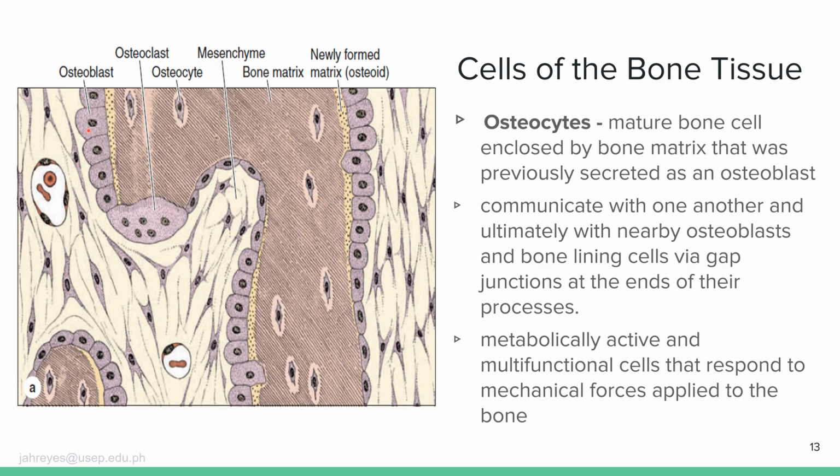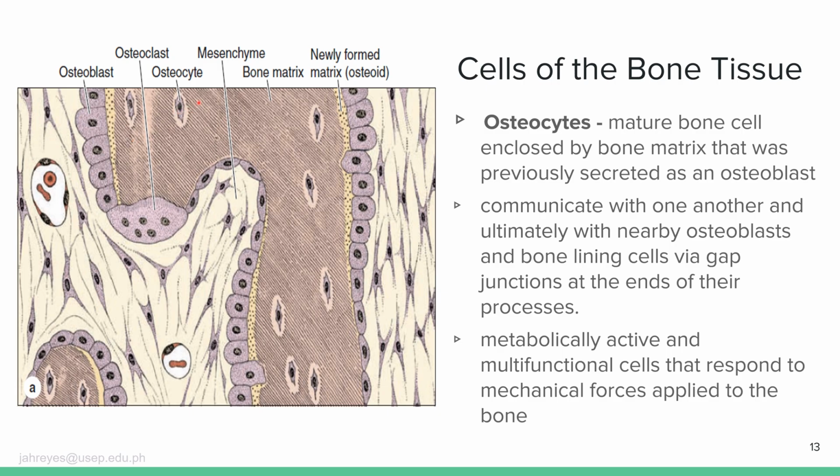Usually, as we said, the osteoblast can turn into an osteocyte, and that process can last for about 3 days. During that time, there is a large amount of deposition of extracellular matrix by the osteoblast.